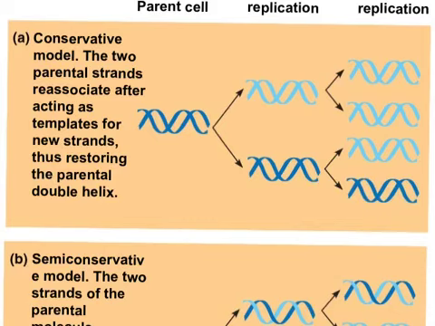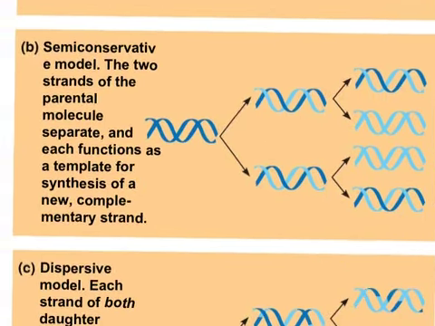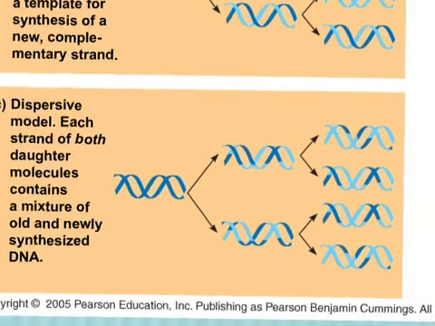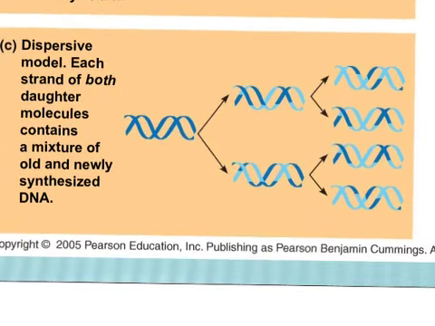The second is the semi-conservative model that Watson and Crick proposed. In this case, you get half new each time, eventually leading to where you can see here, you do get these two brand new strands, but off of the parent template strand. The last model is the dispersive model, where parts of each parent are passed on and are interspliced with new parts.